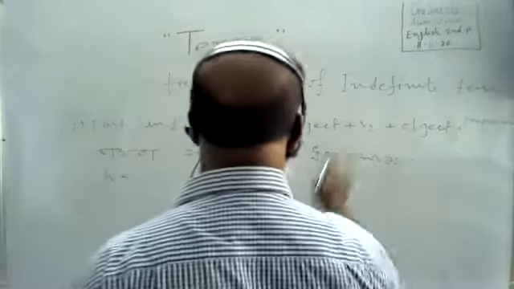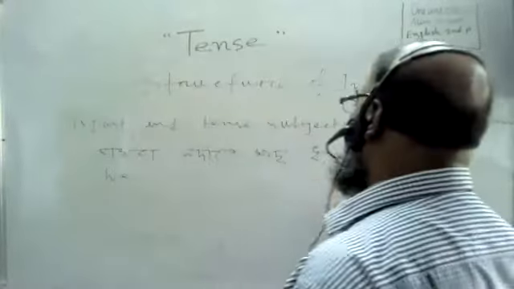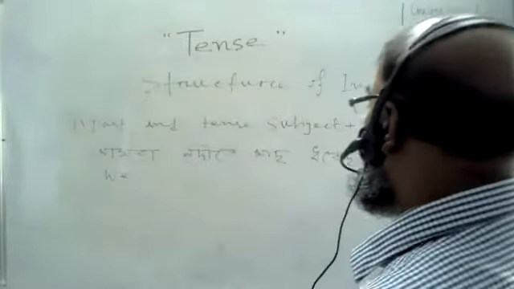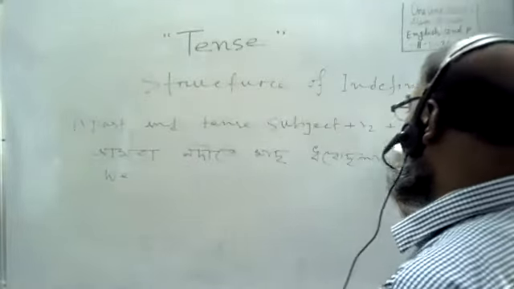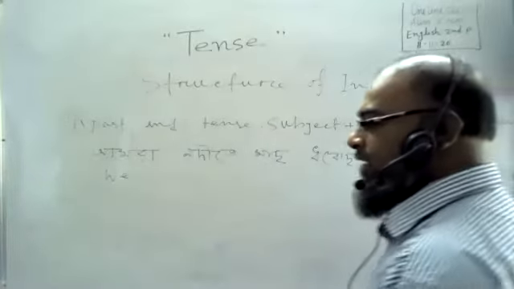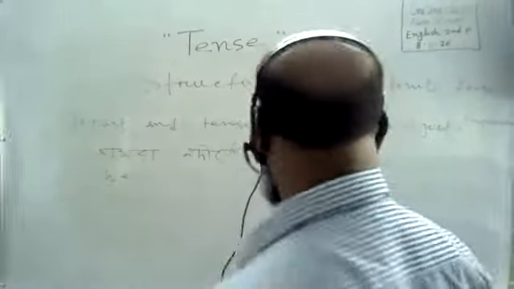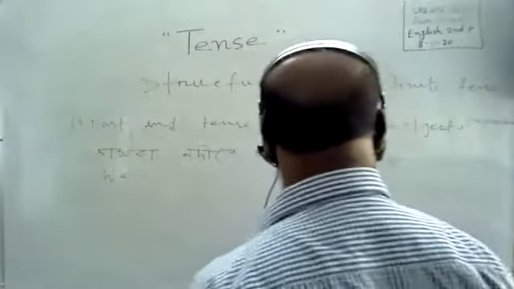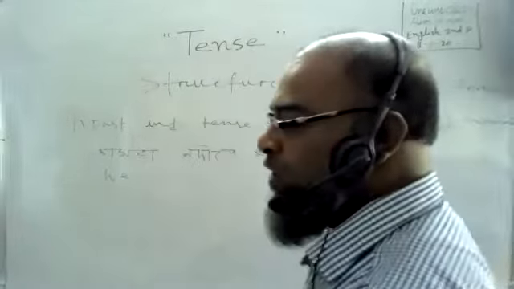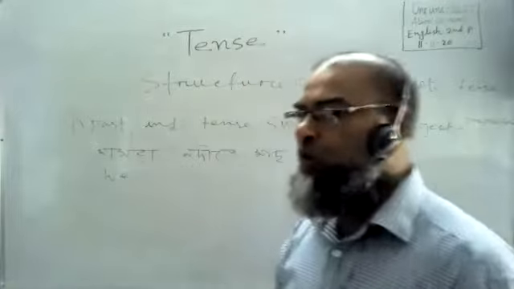Then V2. Here, what is the verb? Verb is ধরেছিলাম, the English of ধরা is catch, and you have to use V2 form. So what is the past form of catch?